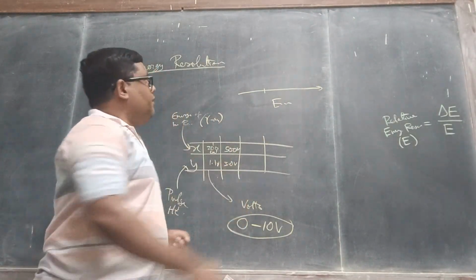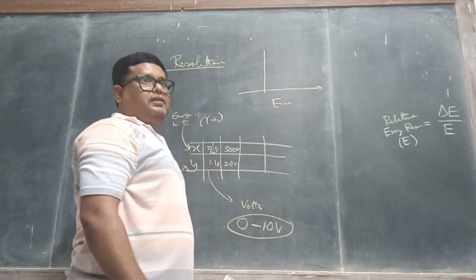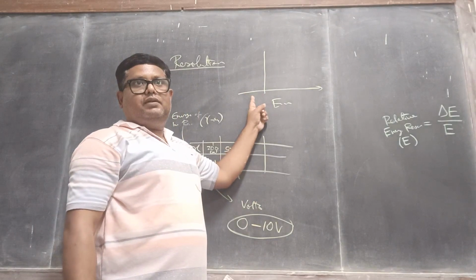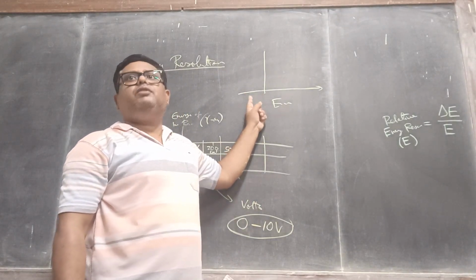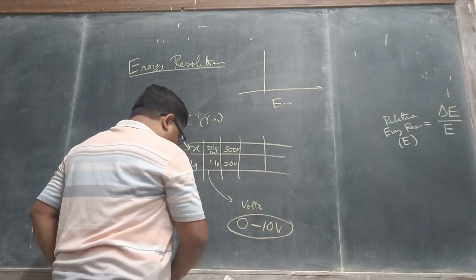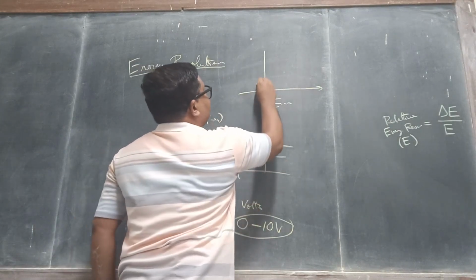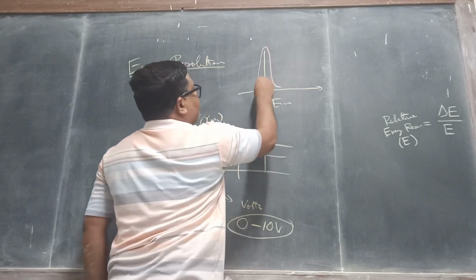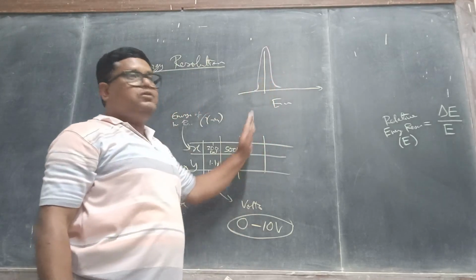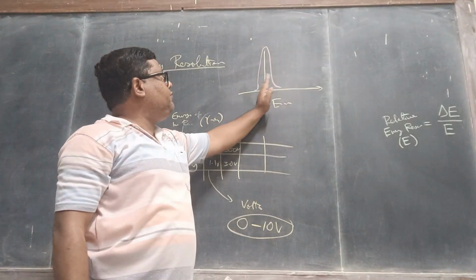Look closely. If this is the energy, the peak should be something like this, sharp, like a delta function. But what are we getting? Instead of this sharp peak, we are getting something like this. So instead of a single peak, I am getting a fluctuation.